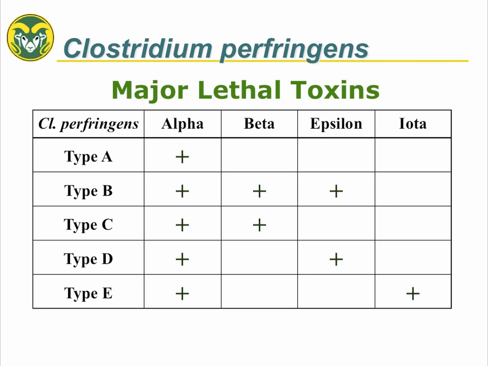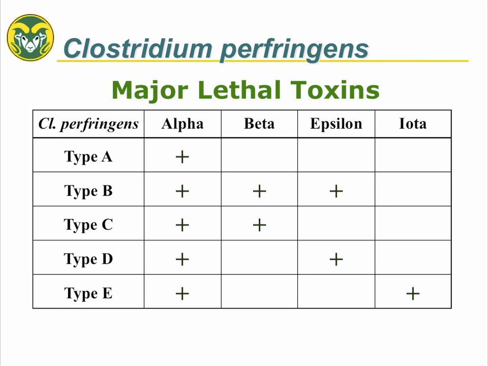Lastly, type E has iota toxin. Type E has been reported a few times in the United States as far as outbreaks of disease, but it's really considered pretty uncommon, at least in the United States. So most of what we talk about will focus on these top 4, types A, B, C, and D.